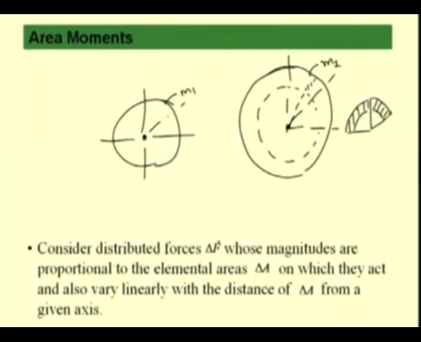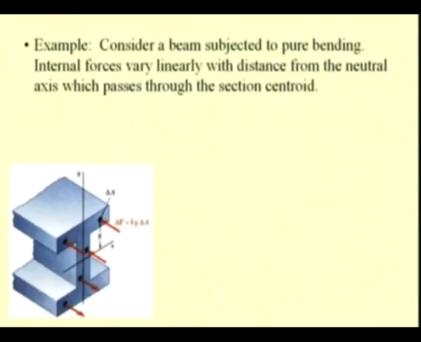In order to study this, let us take a distributed force delta F whose magnitudes are proportional to the elements, say delta A, on which they act, and also vary linearly with the distance of delta A from a given axis. This kind of situation happens in pure bending of beams.